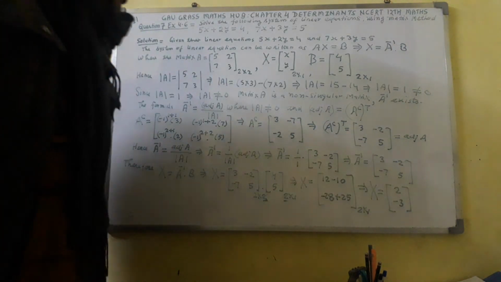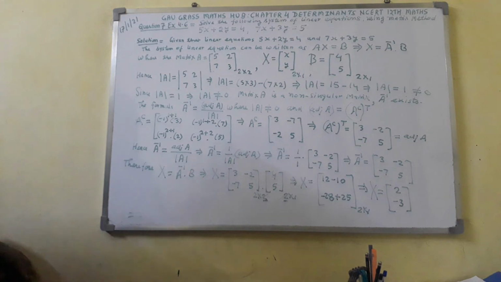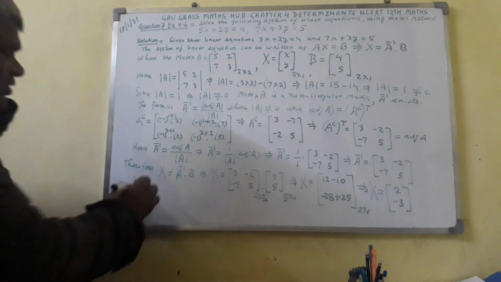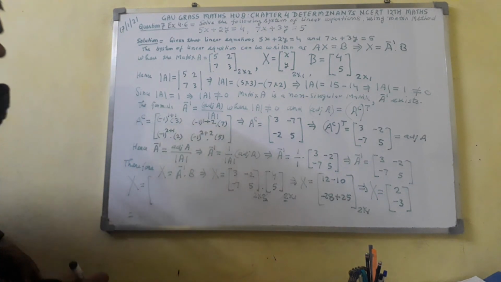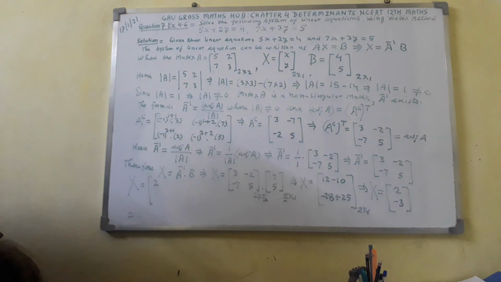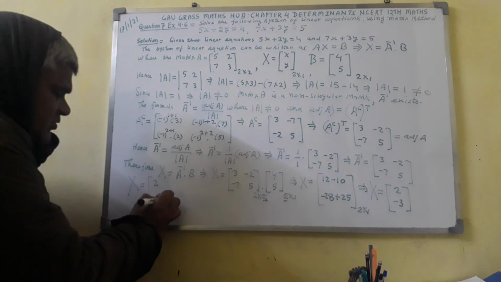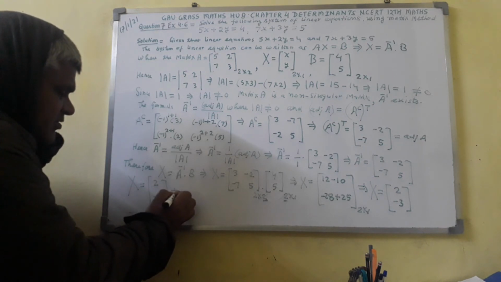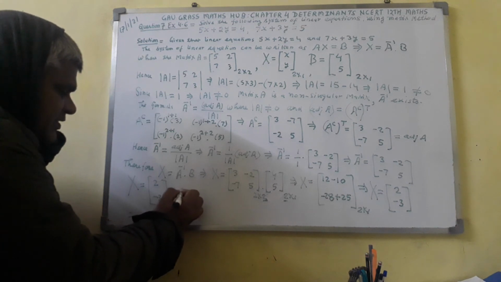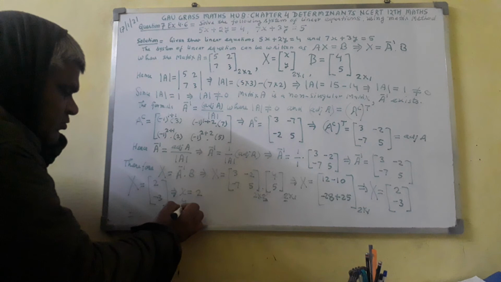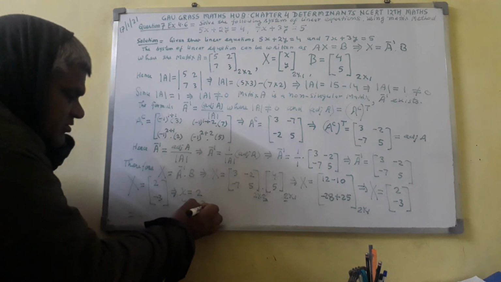So here you have got matrix X equal to element of first row 2, elements of second row minus 3, implied that x equal to 2, y equal to minus 3.